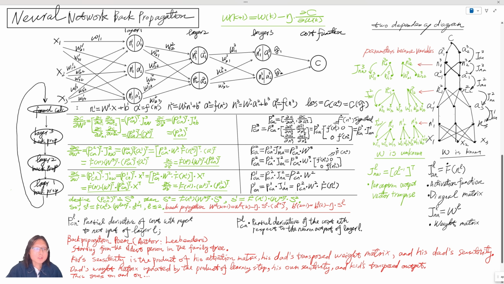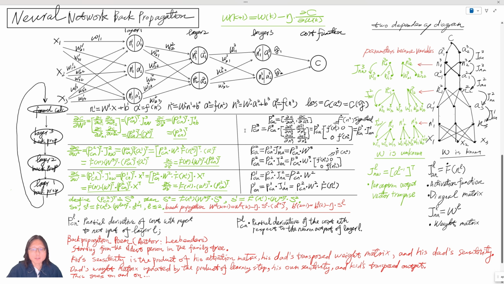So we start with the initial guess of all the parameters W and b. Then we use the forward calculation to calculate all the neuron outputs and the net input for every layer in the cost function. So basically it means you know everything now. Then you go back to layer 3, which is the last layer.